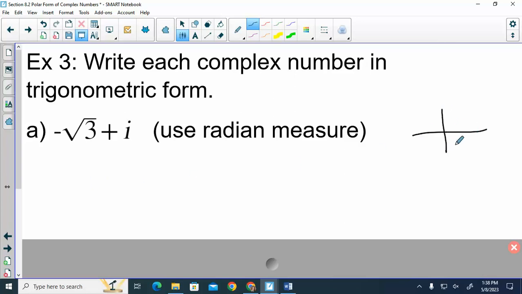We don't need a real precise graph. I just really need to figure out what quadrant we're in. So the real part is a negative radical 3, so you go backwards radical 3. What's my imaginary part? 1. So what quadrant are we in? And that's all I really need my graph for.